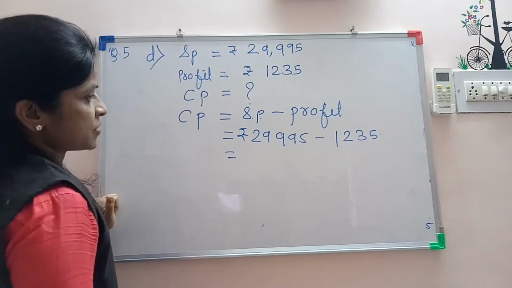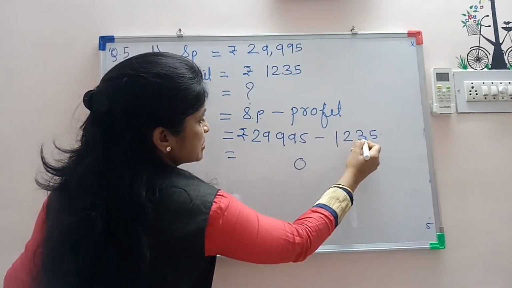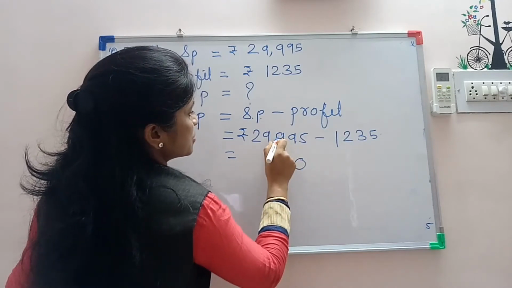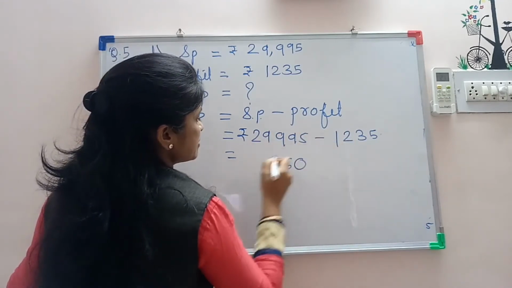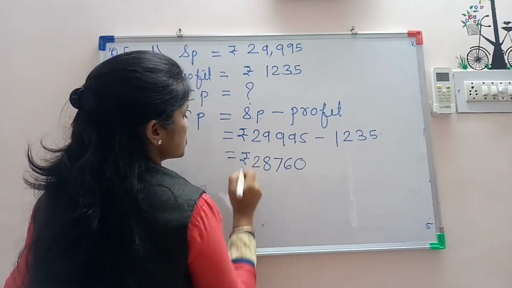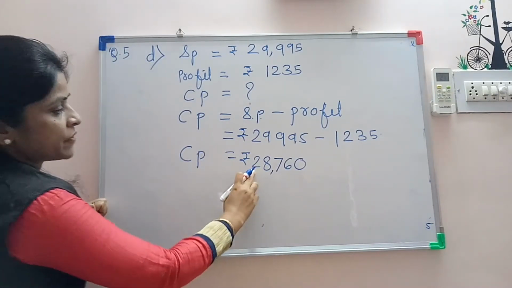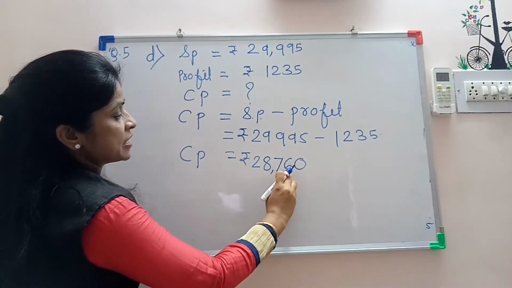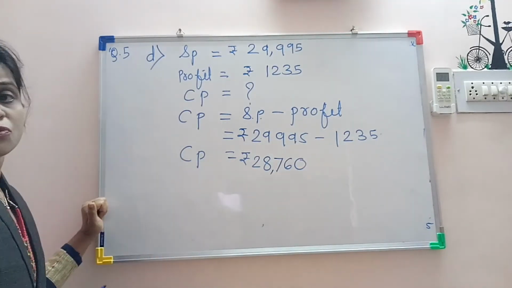I will do the subtraction. 5 minus 5, 0. 9 minus 3, 6. 9 minus 2, 7. 9 minus 1, 8. And 2. So, the cost price is rupees 28,760. That is the cost price of scooty.